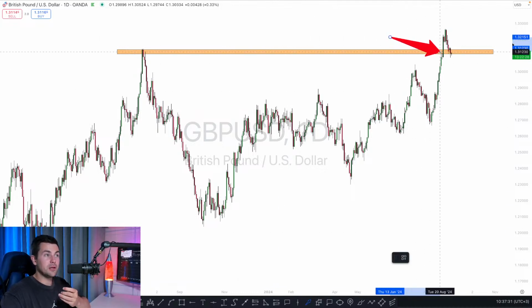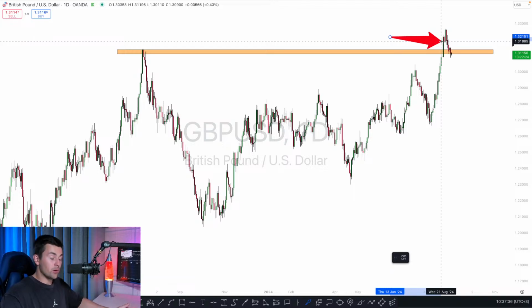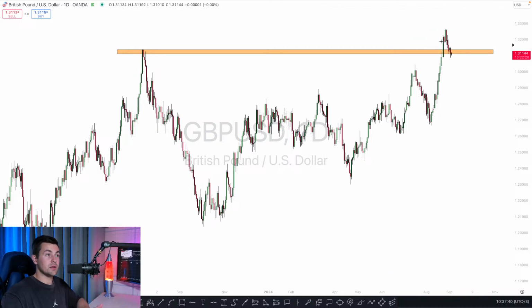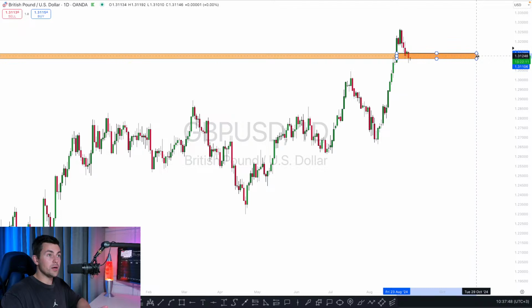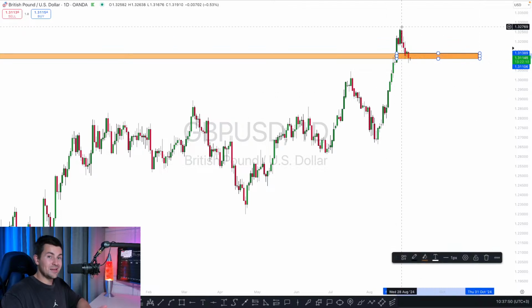It was clearly broken. The market violated it with a very strong, high momentum bullish candle right here. And after the breakout, of course, the broken structure now turns into support, the support from where a bullish movement may initiate.